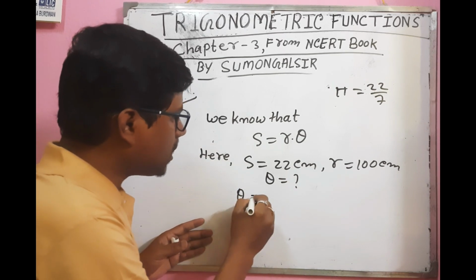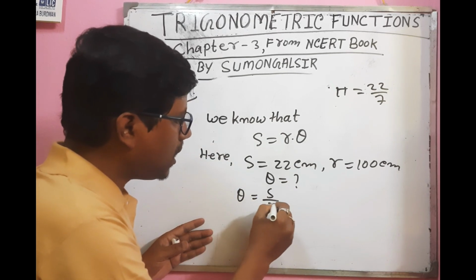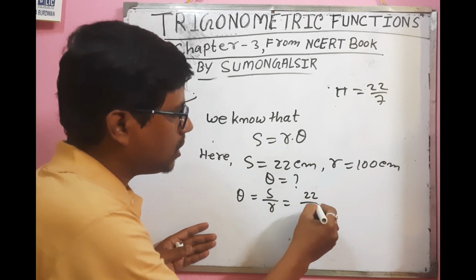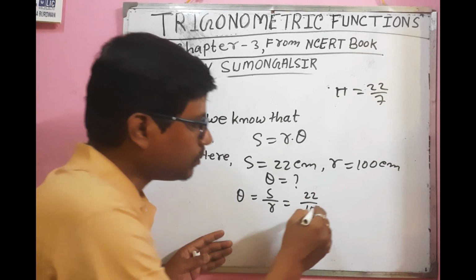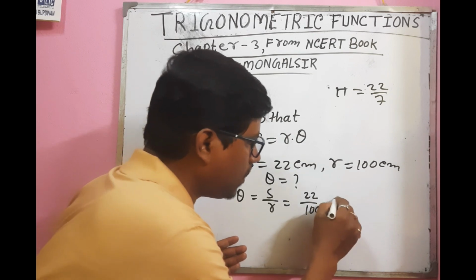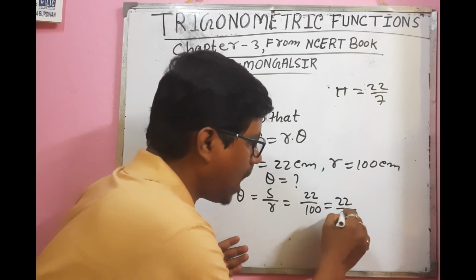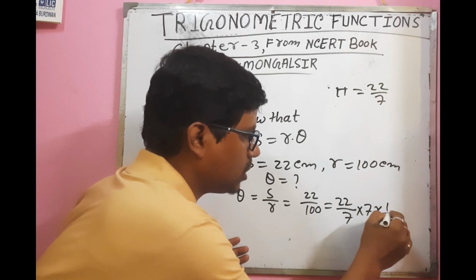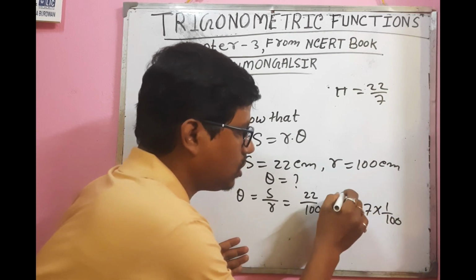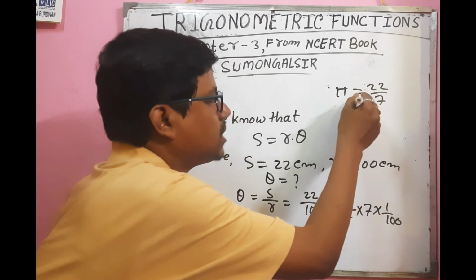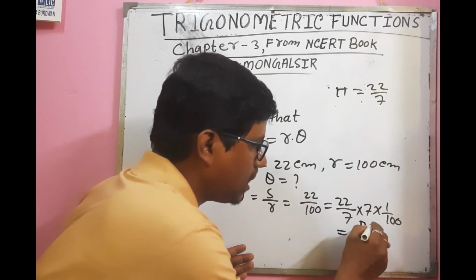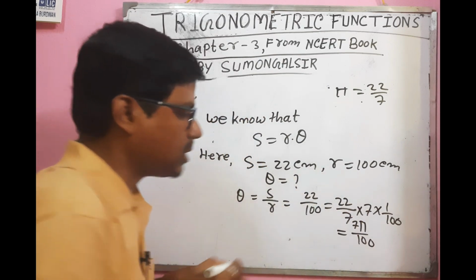Now theta is equal to s by r. If we multiply and divide by 7, then we get this, and we know that 22 by 7 is equal to pi, so putting in pi, 7 pi by 100 is the answer.